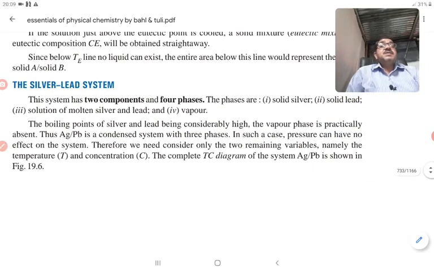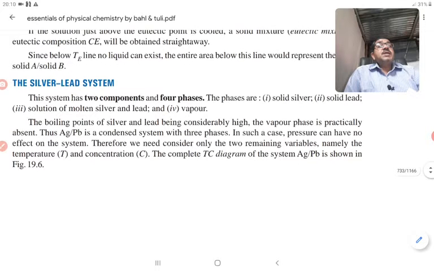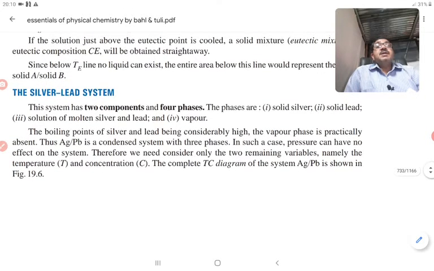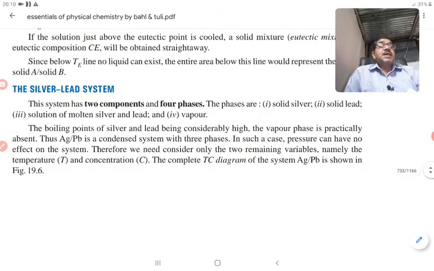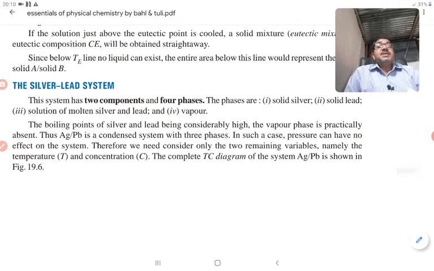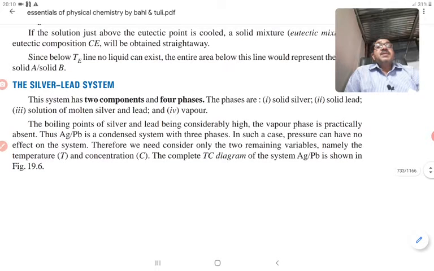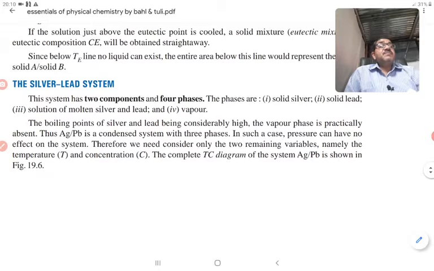When we consider the silver lead system, this system has two components and four phases. The phases are solid silver, solid lead, solution of molten silver and lead, and vapor. The boiling points of silver and lead being considerably high, the vapor phase is practically absent. Thus, silver lead is a condensed system with three phases.